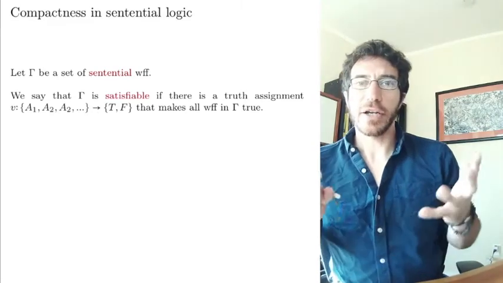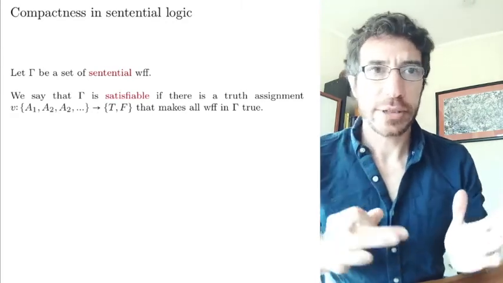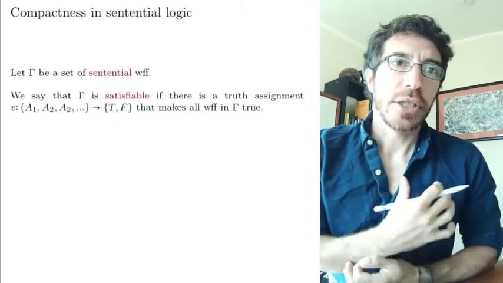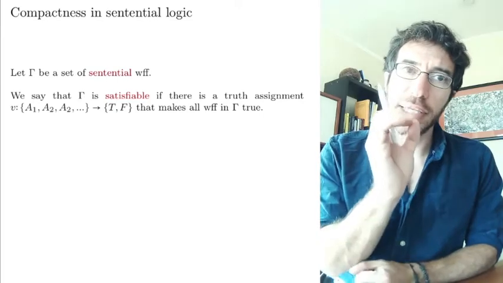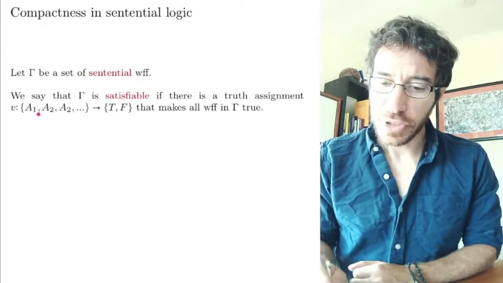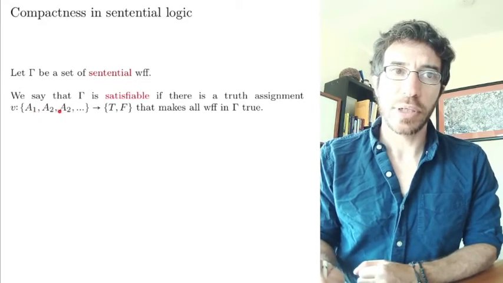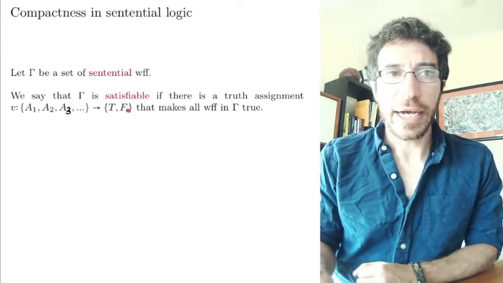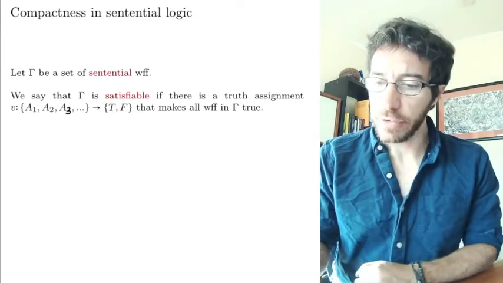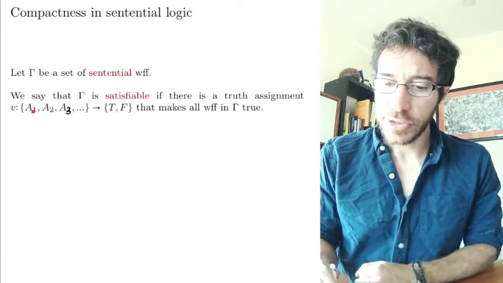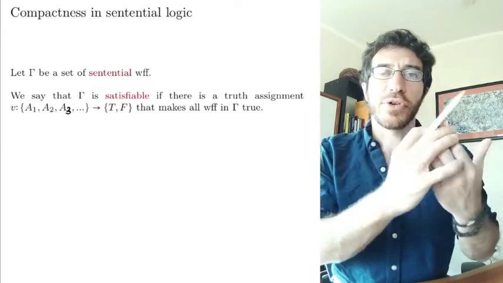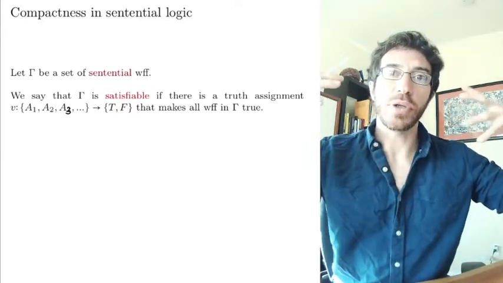Okay, so now we have a set of sentential well-formed formulas, gamma, which you can think of as being infinite. Remember that we said that gamma is satisfiable if there is a truth assignment that assigns to each sentential variable A1, A2, A3, all of them, a Boolean value, a T or an F. So each truth assignment is a function that assigns to each of these either a T or an F. Once we have an assignment for all the variables, we can extend that assignment to all the formulas.